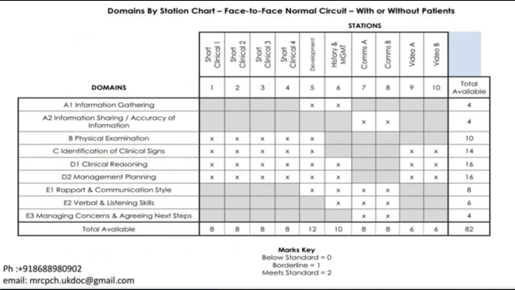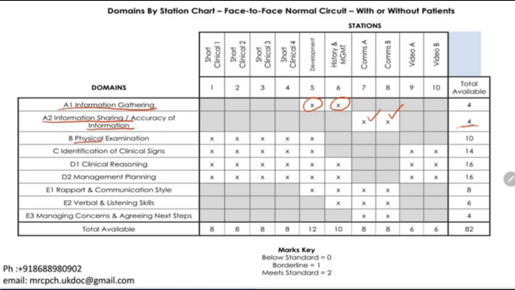So this is how the domains are split across all the 10 stations. Information gathering, that is A1, is tested across the developmental, history and management planning 2 stations, and A2, that is information sharing and accuracy of information, is tested in communication A and communication B. So the total available is 4 marks for it.